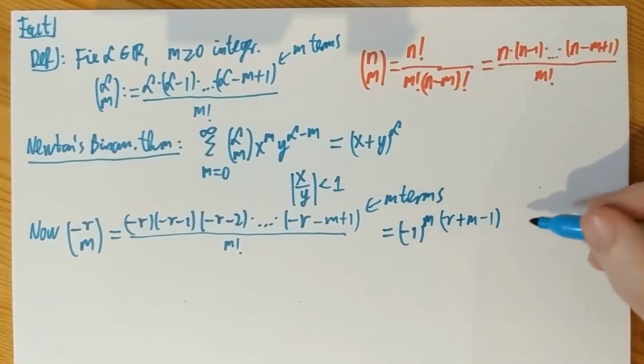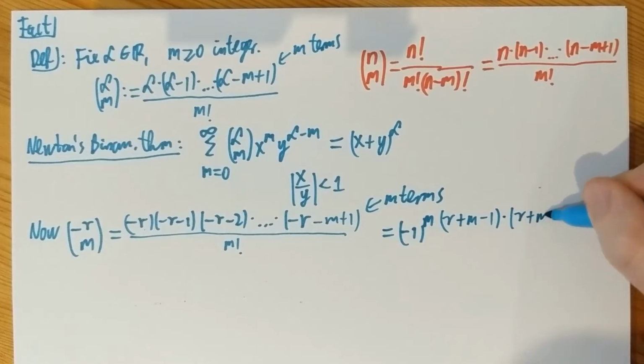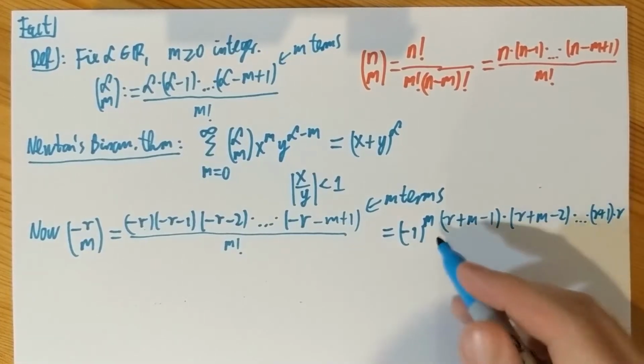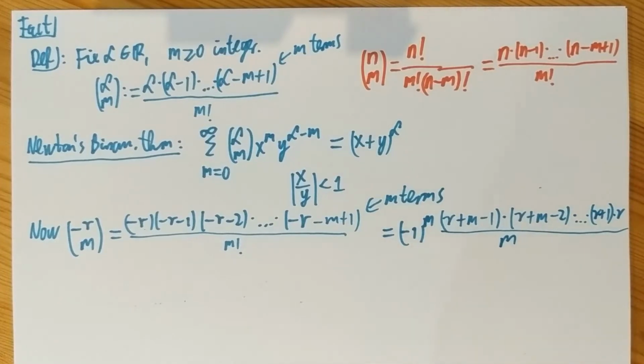The one beforehand was one larger, but with the minus sign it's now going to be one smaller, and it goes down all the way to r plus 1 and r. Okay, so with the minus 1s factored out, I get to this point.